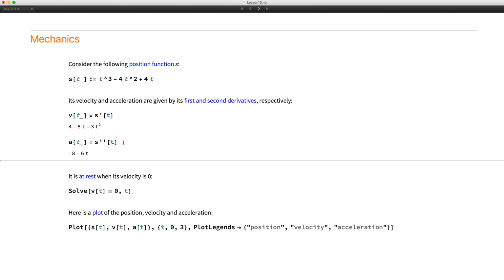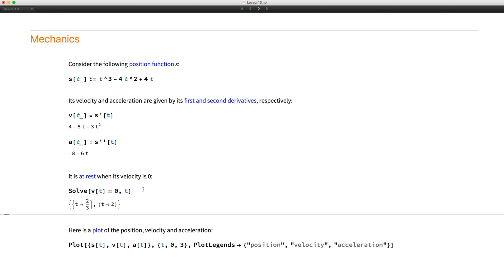So for example, you could ask, when is the particle at rest? Well, it's at rest when the velocity is 0. So you could solve that equation and find out that the particle is at rest when t is either 2/3 or 2. And then you can plot the position, the velocity, and the acceleration and get their graphs.